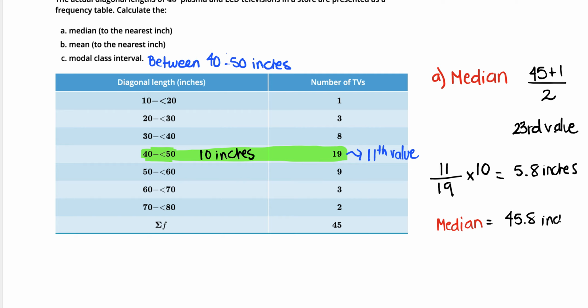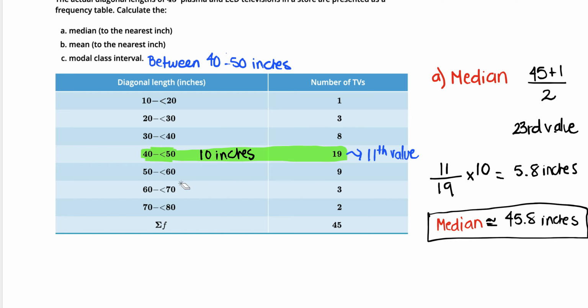And that's my answer. It's approximate. We don't know exactly; it's an approximation. We think it's around that. Okay, wonderful. Now, how do we calculate the mean?